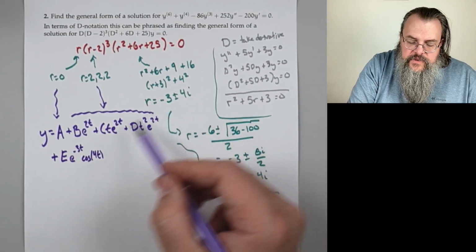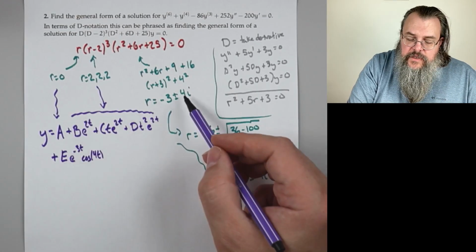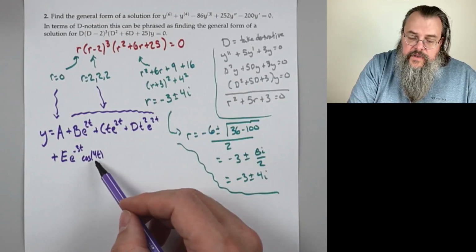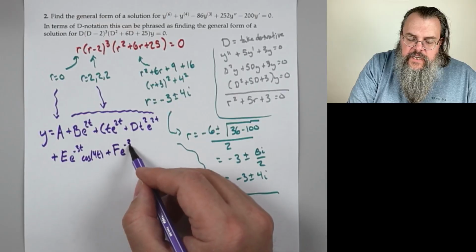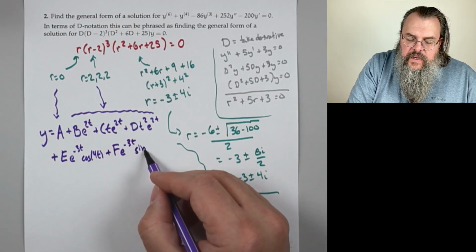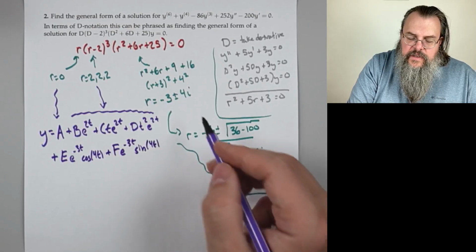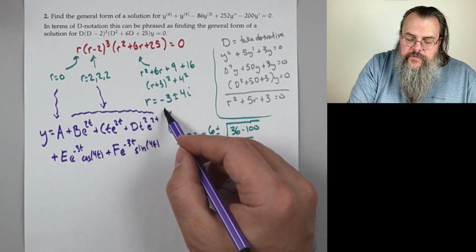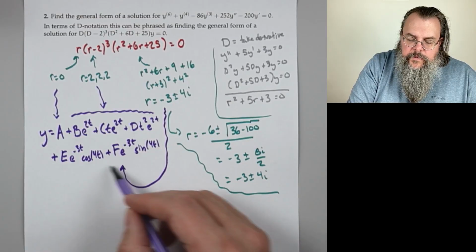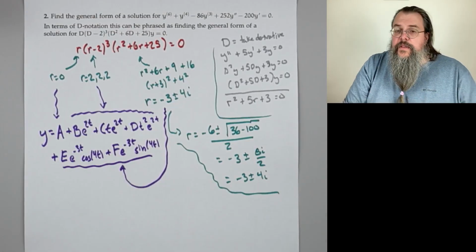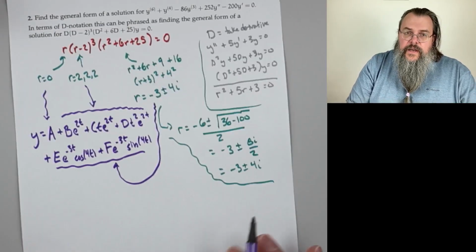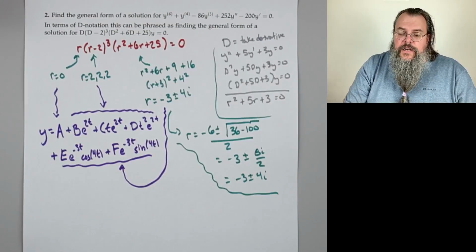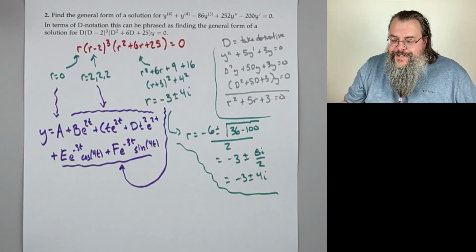The minus 3 into the exponential, the 4 into the sine or cosine. And then, of course, its pair, f e to the minus 3t sine of 4t. So those complex conjugate pairs give us those two. And now we are done.